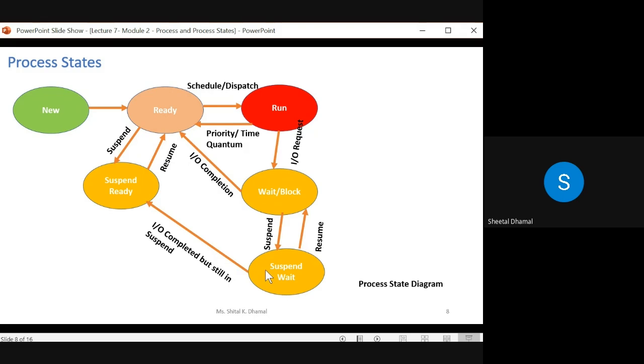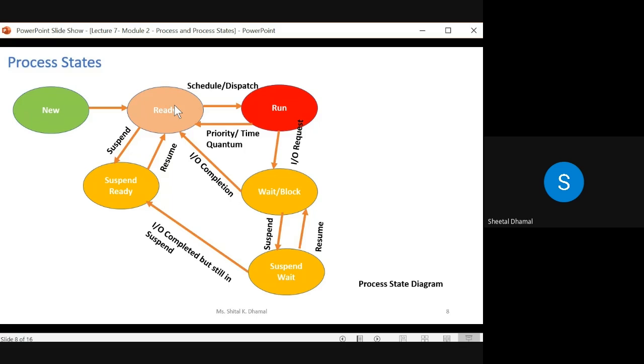Suspend wait state means the process whose input operation is completed but is waiting for the CPU. So that process will get shifted into the suspend ready state, meaning the input output operation is completed and the process is ready to execute. When the ready queue is free, that process will again get shifted from the suspend ready state to the ready queue.